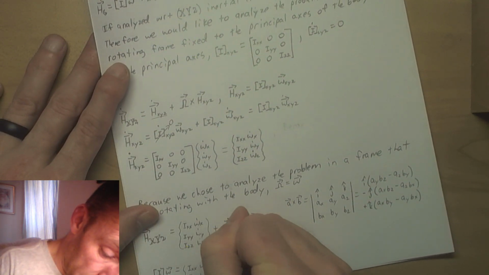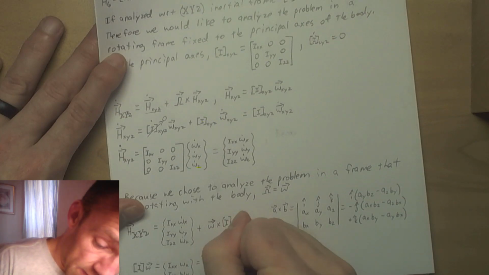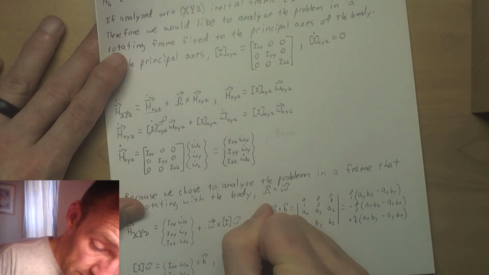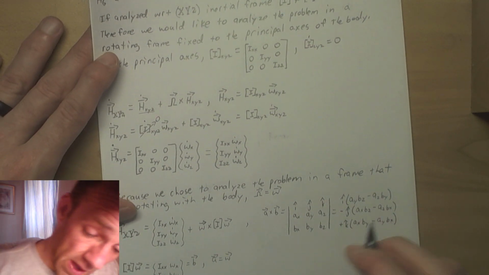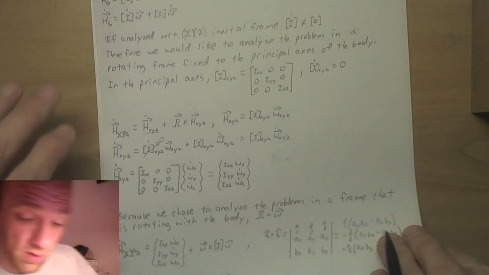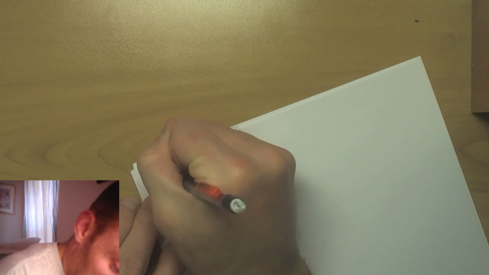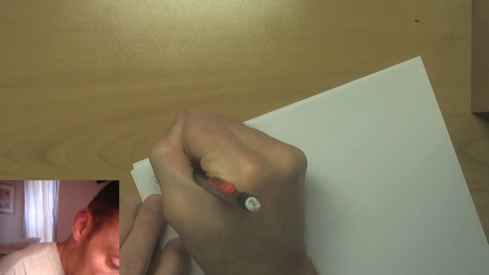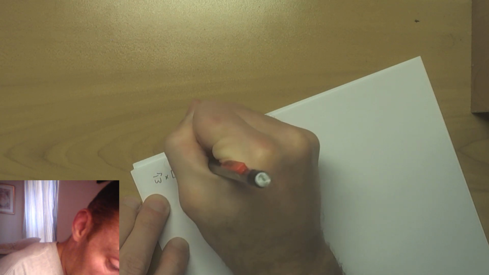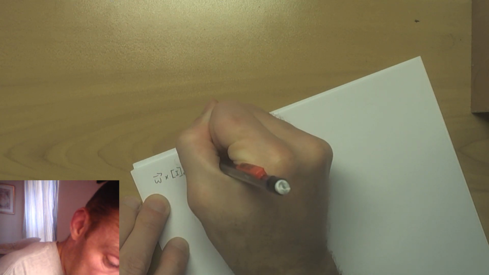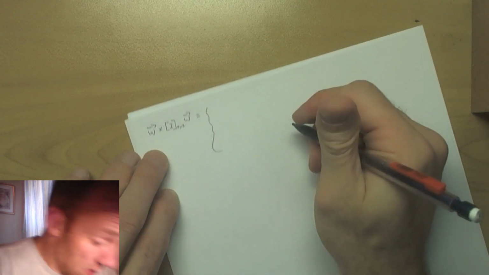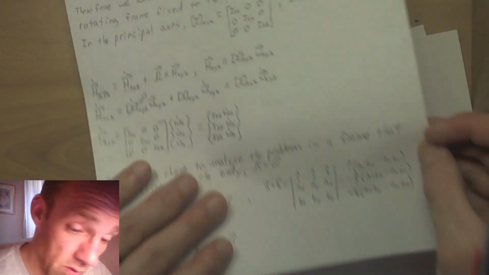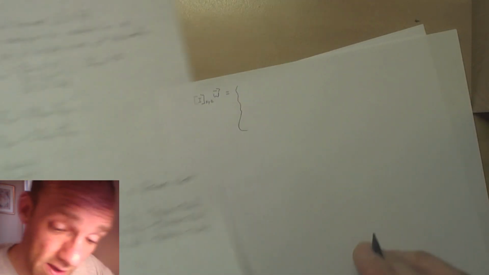We'll take that to be equal to B, and then, all right. And so now, the X component is AYBZ.